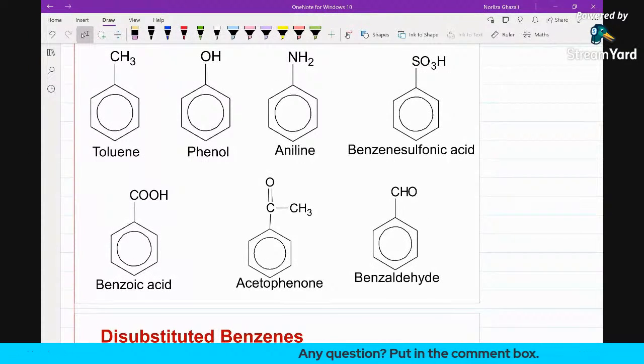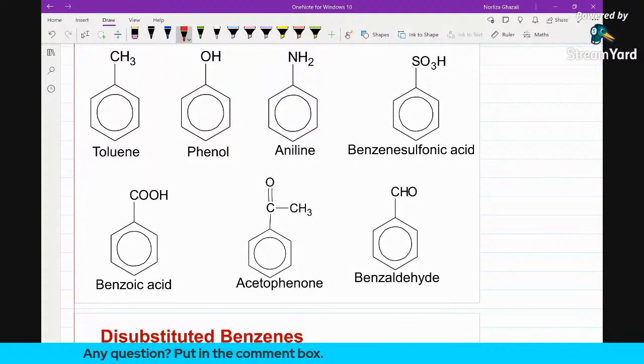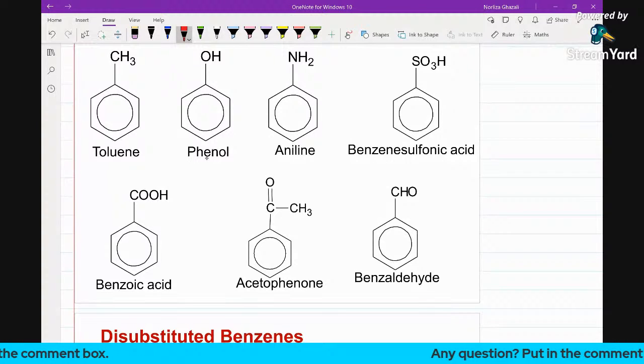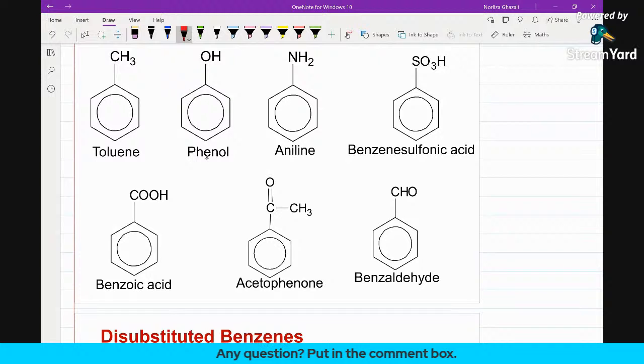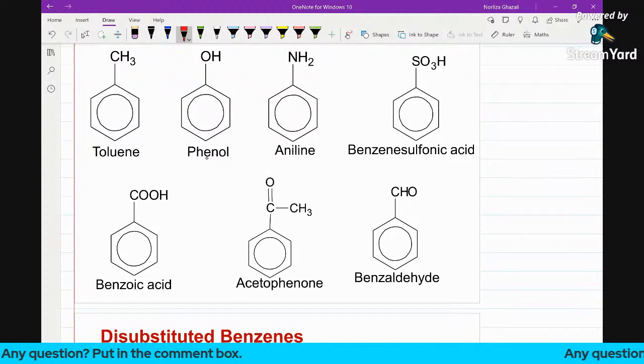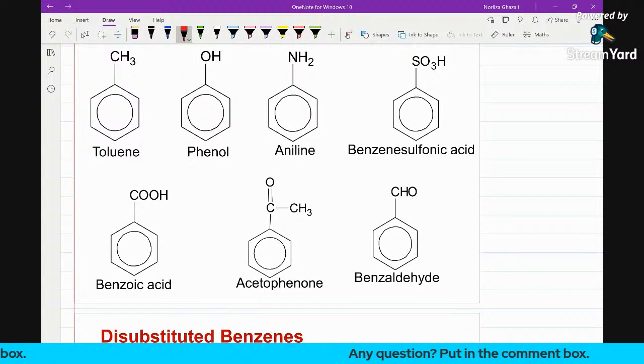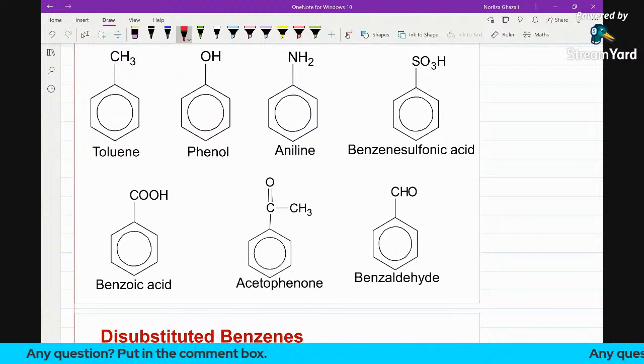Carboxyl and benzene becomes benzoic acid. Okay, and then C double bond O CH3 and benzene is acetophenone, and C double bond O H and benzene become benzaldehyde. So there are seven common names that we can use as IUPAC names.